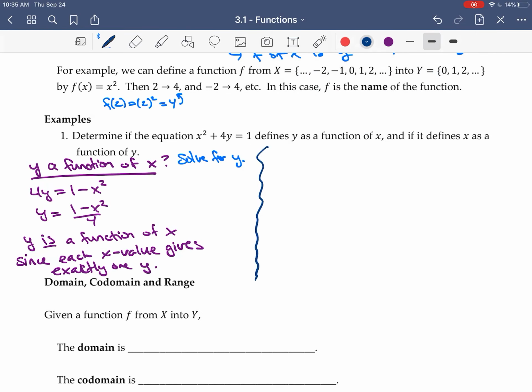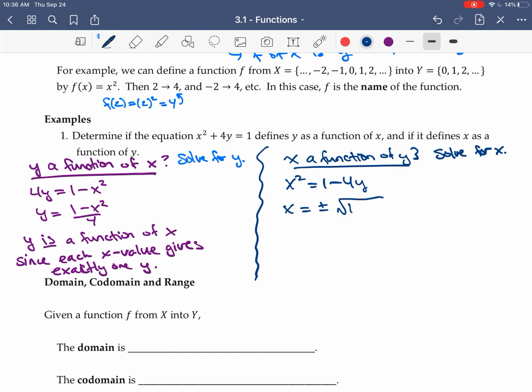Now let's say, is x a function of y? So now I want to know, if I plug in a y value, do I only get one x value? Here again, this time we're going to solve for x. So x squared is 1 minus 4y. If I take the square root of both sides, I have to add a plus or minus, and I get plus or minus the square root of 1 minus 4y.